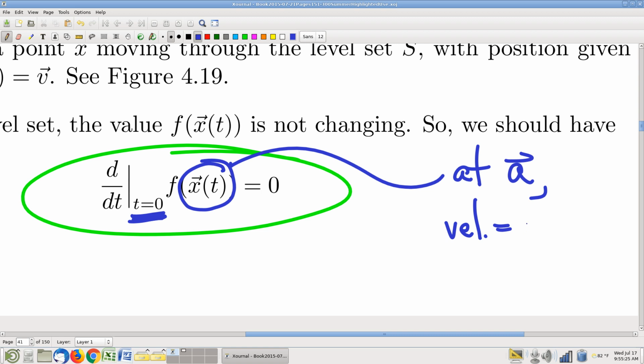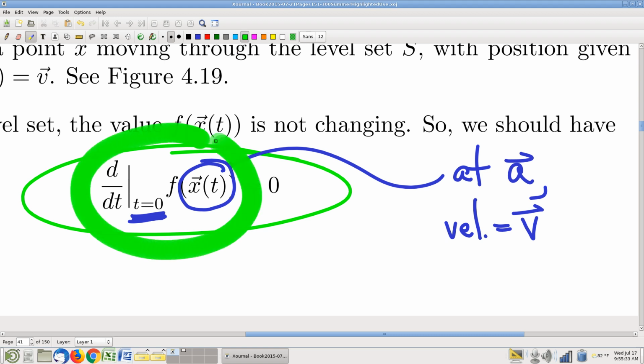I'm going to say that the velocity vector, let's call it v. So this expression here, we're taking the derivative of the values of the function f while I'm at the point A moving with velocity v. This is a directional derivative.